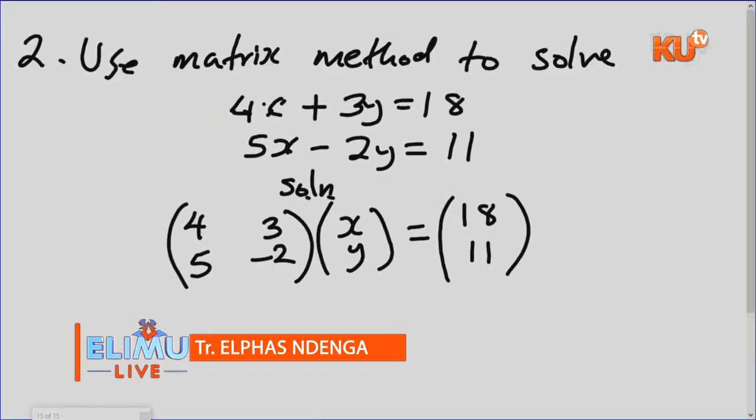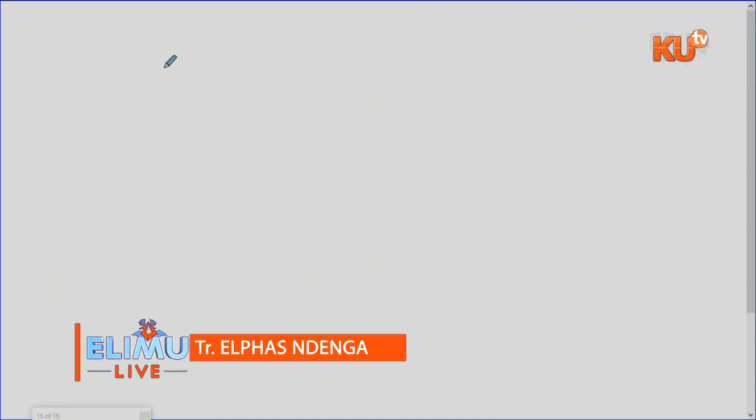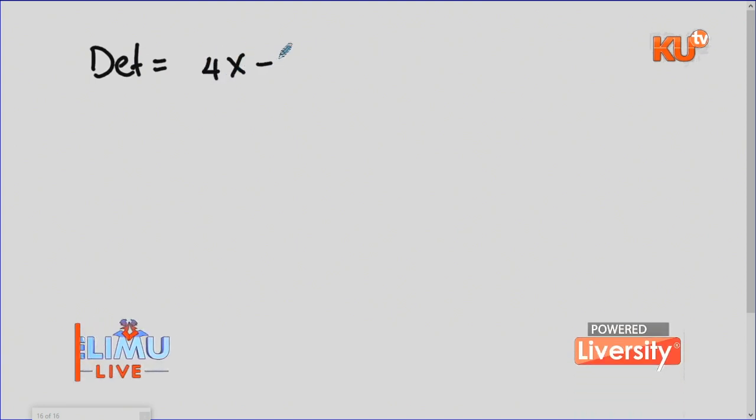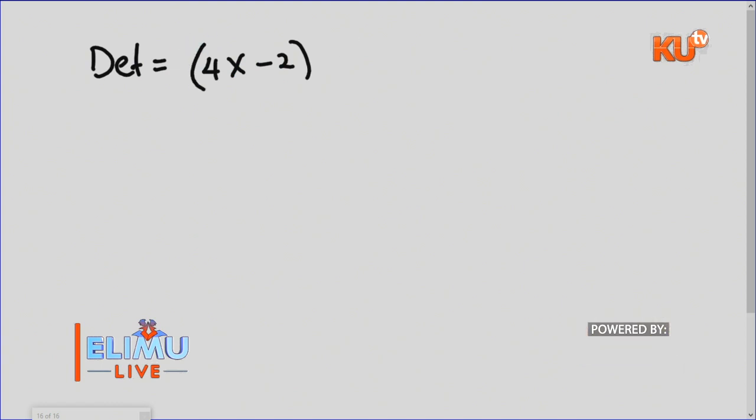We'll get now our determinant. Our determinant of the matrix will be equal to 4 times negative 2, minus, the other side, 5 by 3.